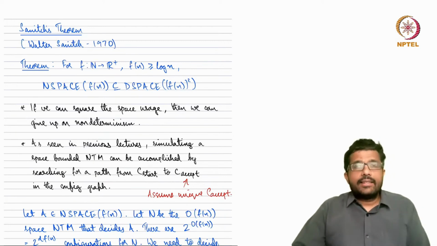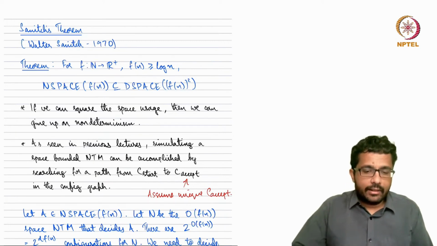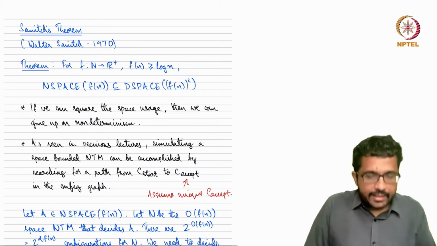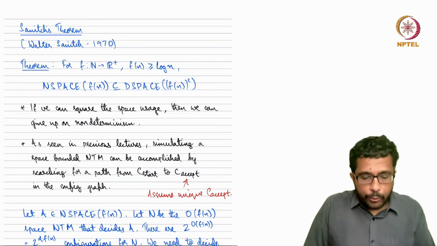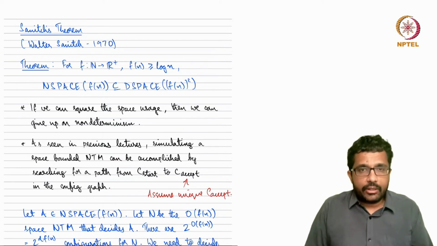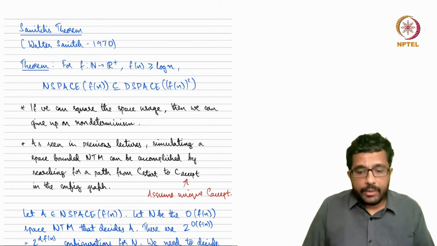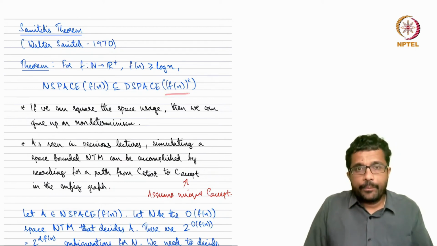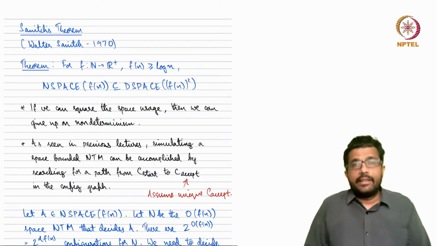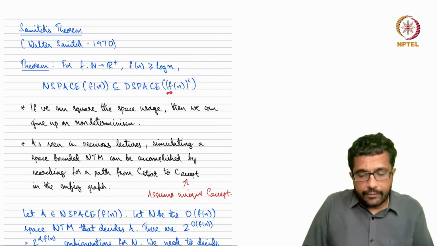Savitch's theorem relates the space requirement of the non-deterministic space-bounded Turing machine and the deterministic space-bounded Turing machine. To be more precise, it states that if a language can be computed by a non-deterministic space-bounded Turing machine that uses f(n) space, or O(f(n)) space, the same language can be decided by a deterministic space-bounded Turing machine in f(n) squared space.